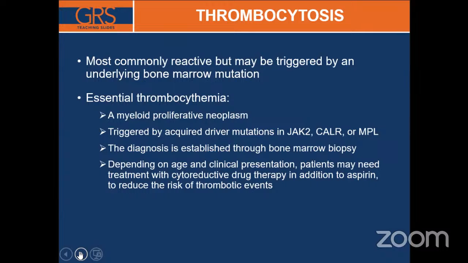So you would need a cytoreductive drug to decrease the amount of platelets, as well as aspirin to reduce any thrombotic events. Another cause would be splenectomy. Like I said, if you want to treat a lot of breakdown, remove the spleen. But if you remove the spleen and there's not enough breakdown, you end up with thrombocytosis. So these are some of the causes. Next slide, please, Dr. Muram.